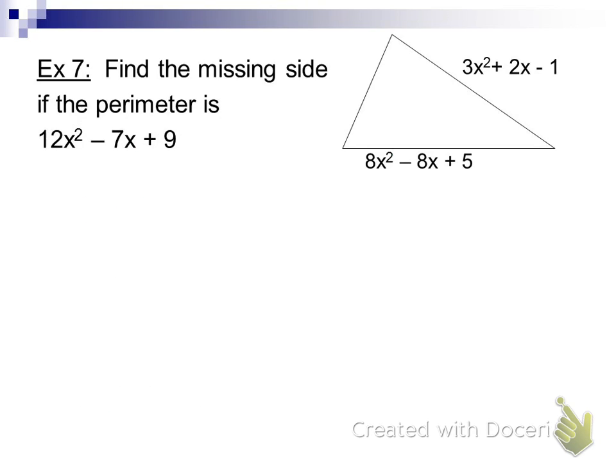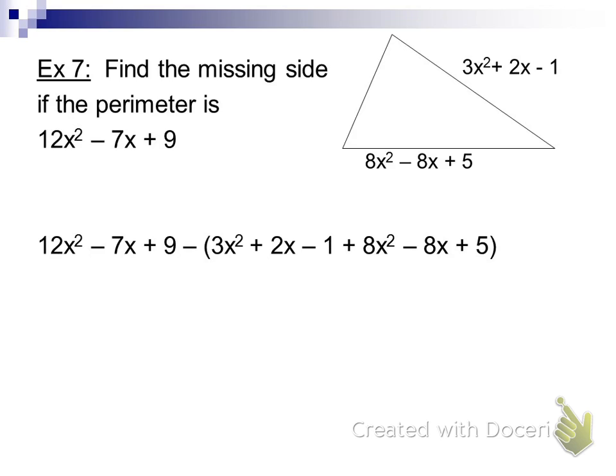All right, so this says find the missing side if the perimeter is 12x squared minus 7x plus 9. What is perimeter? How do we find perimeter? You add all the sides. So in this case, what's the opposite of adding all the sides?